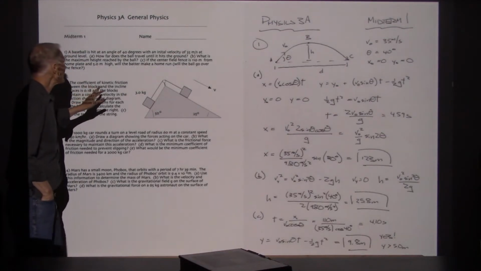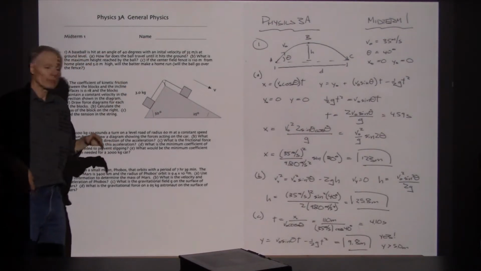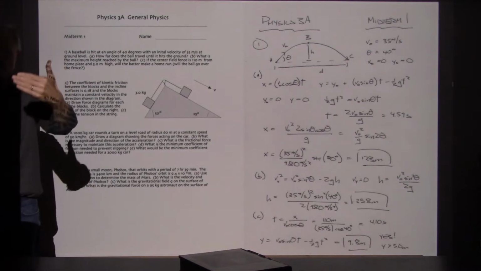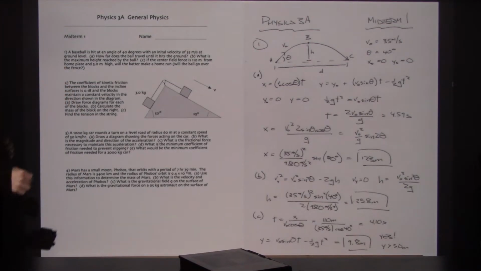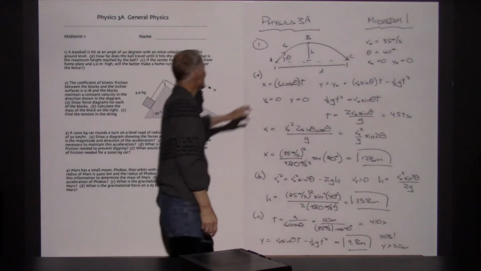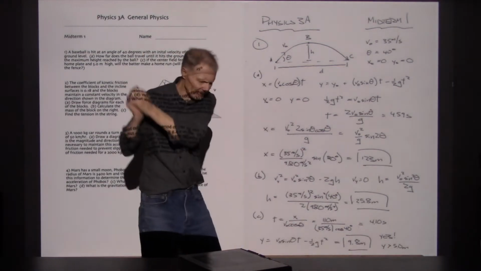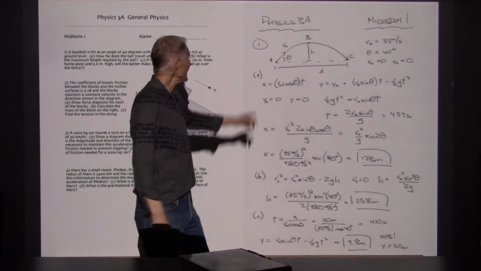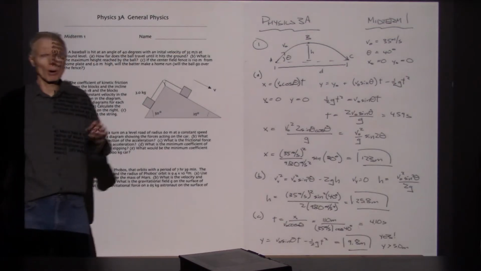Finally, in part C, it says, okay, we're in a baseball field, there's a center field fence, and it's 110 meters from where the ball was hit. And this person, when they hit the ball, they really went down in the dirt to hit it. They hit it right at ground level. So this is a remarkable hit.